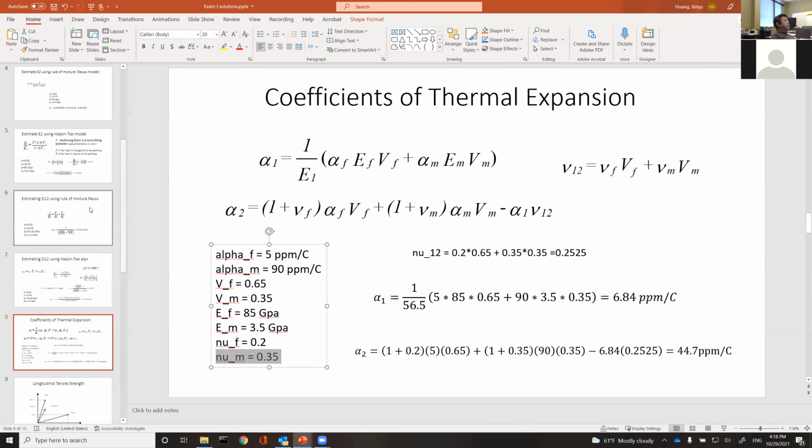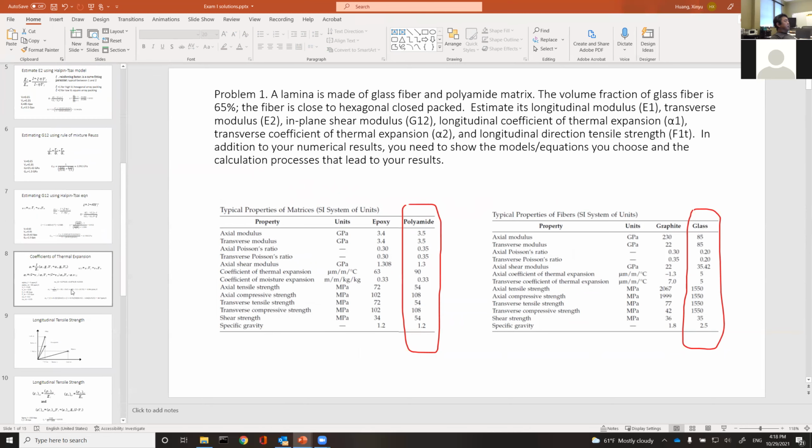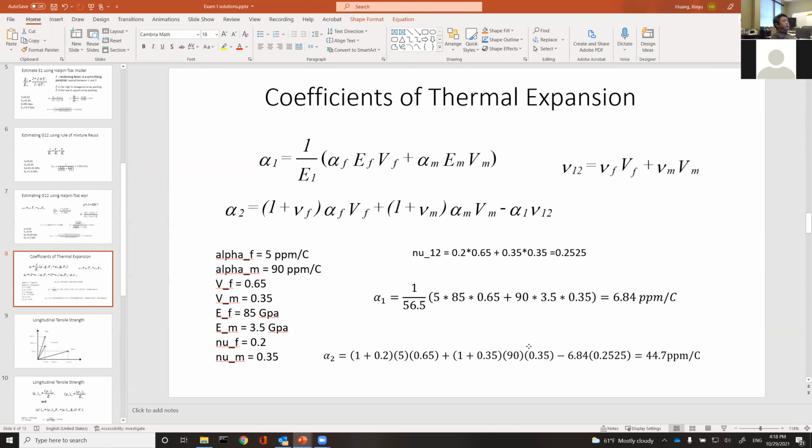The fiber Poisson ratio is 0.2, right here. Poisson ratio for matrix is 0.35 right here. So this was required. So we plug them in. Also plug the prediction I had before, alpha 1, and also the nu12.